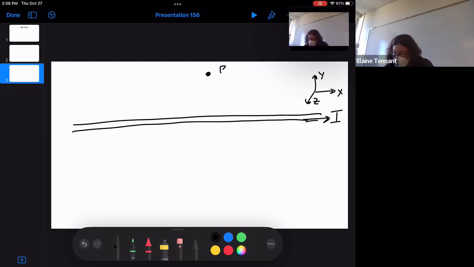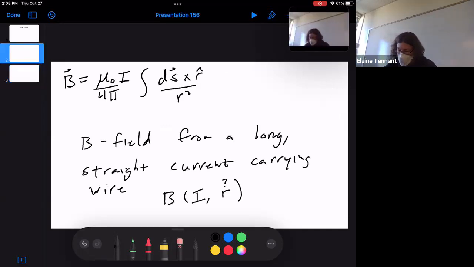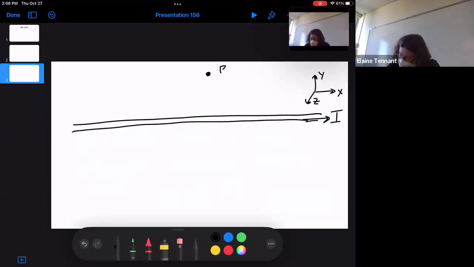Now, each little bit on this wire is actually generating a magnetic field, and it could contribute to that point P. And so we're just going to choose some random little chunk of wire, remembering that we're really trying to fill out this equation. So first we choose ds. So there's my ds.